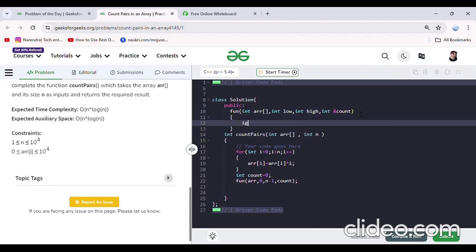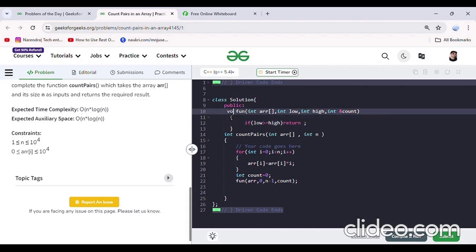When low is greater than or equal to high, in such cases I am returning. We don't have any return type.